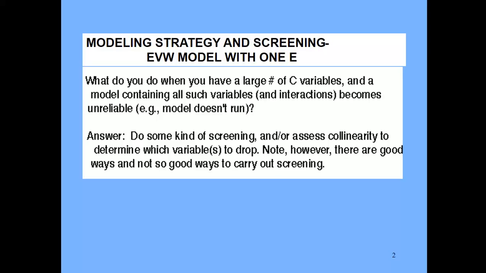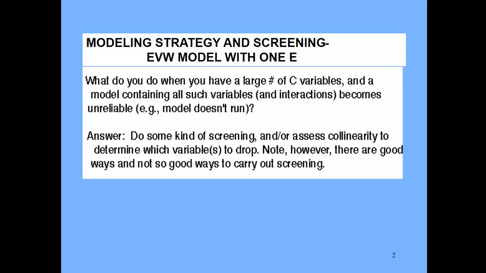By doesn't run, I mean you're not getting any answers out and you're getting some kind of error message saying it isn't going to work. When it becomes unreliable, that might result from assessing collinearity, which we're not ready to talk about. When you find collinearity, you may find that the model maybe runs, but there's something wrong with it, so I can't trust the results and I have to do something else.